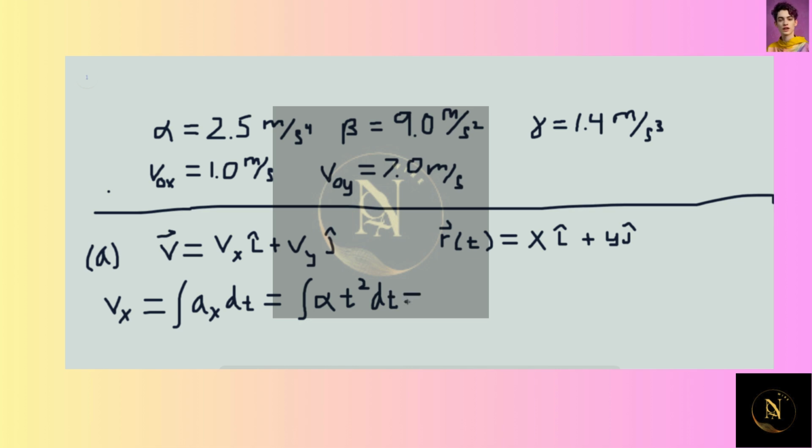So if we carry out this integral, we find that this is equal to 1/3 times alpha times t to the third plus the initial velocity in the x direction, which is v naught x. So we can box this in as part of our solution for part A.